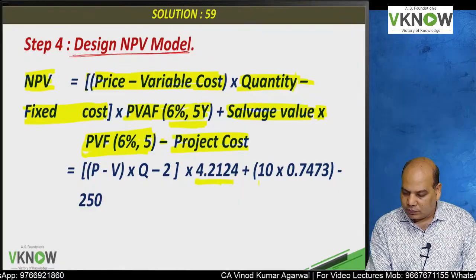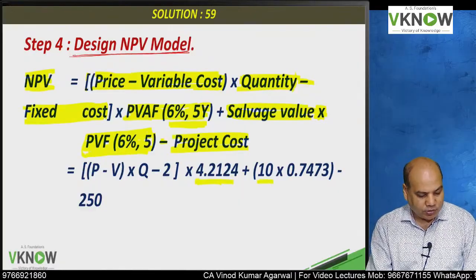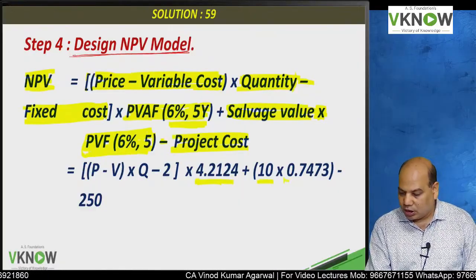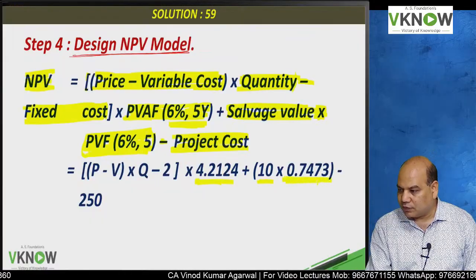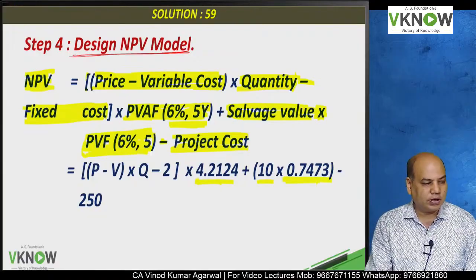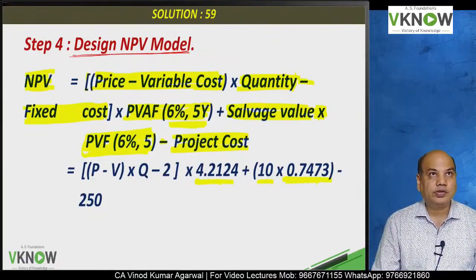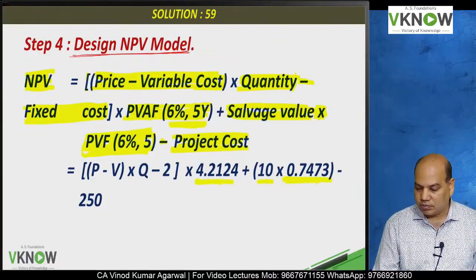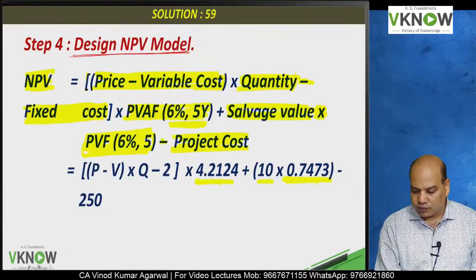Salvage value is 10, into PV factor for the 5th year 0.7473, minus 250. So I put the values also.